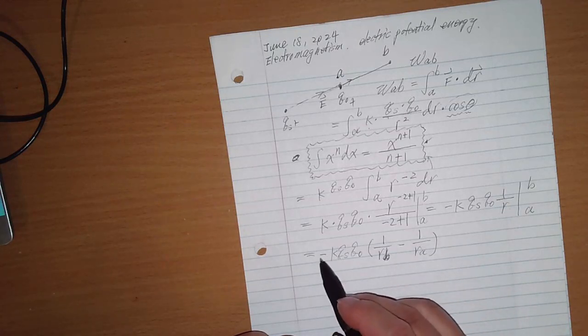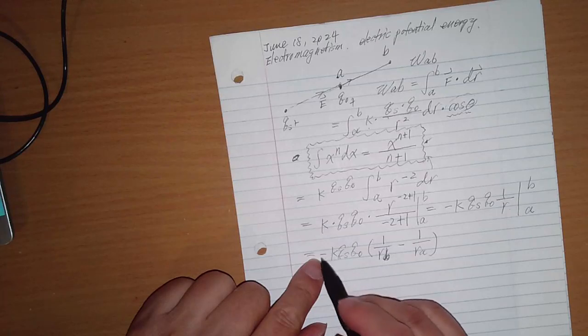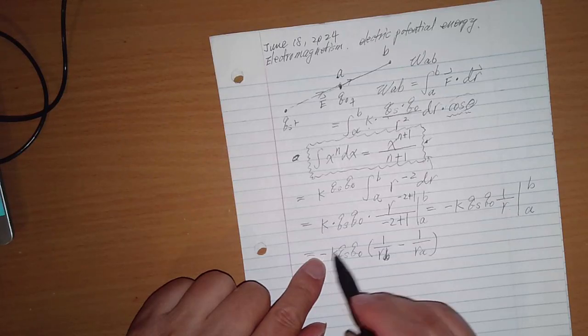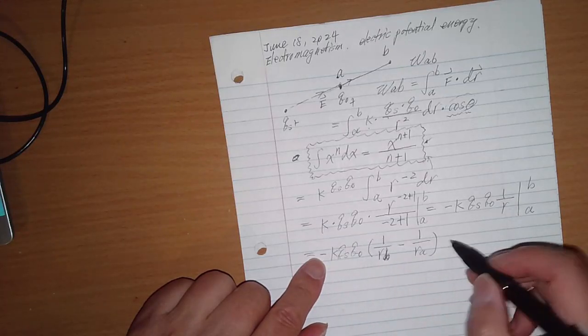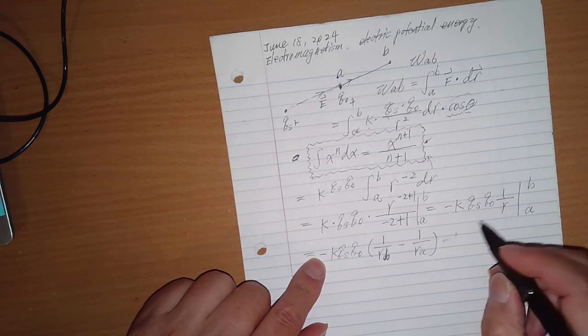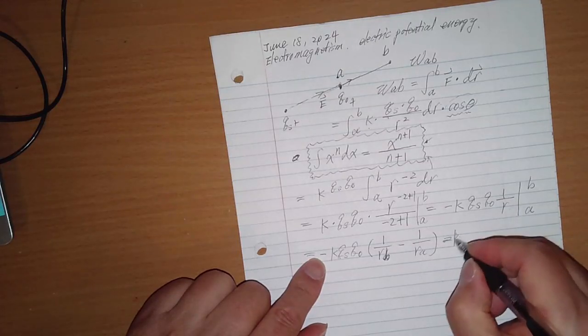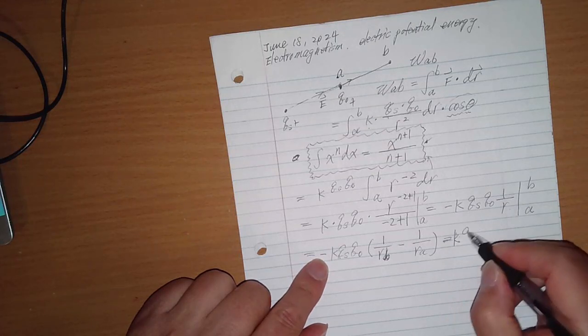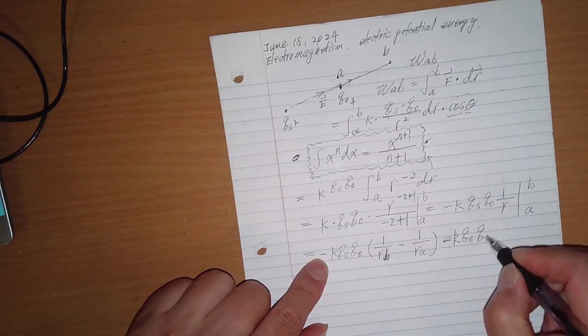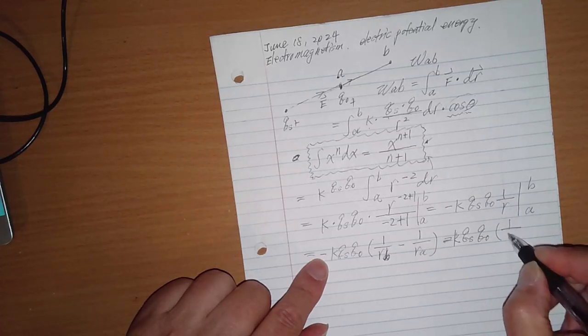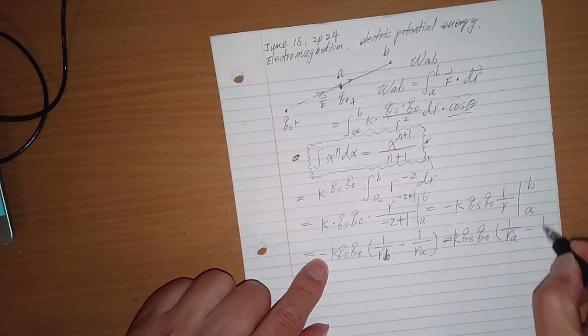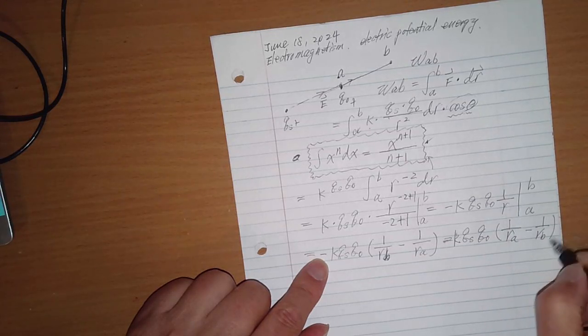Okay, so if we use the distributive law to move the negative sign inside, we will have K QS Q naught times 1 over RA subtract 1 over RB.